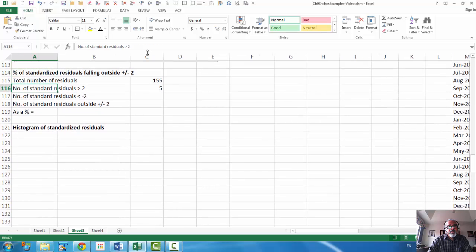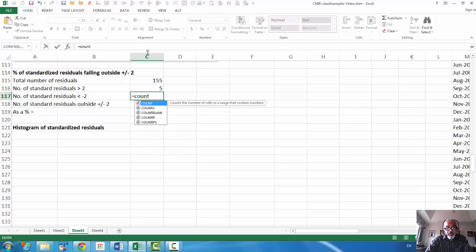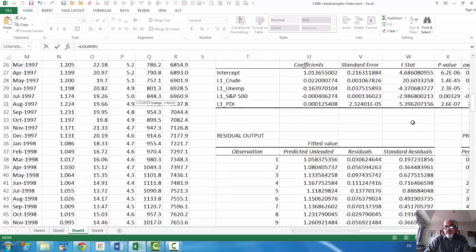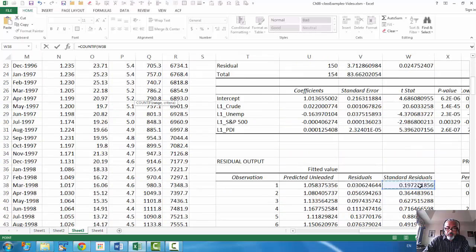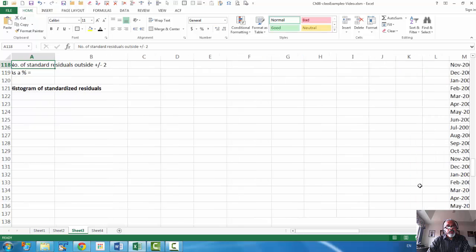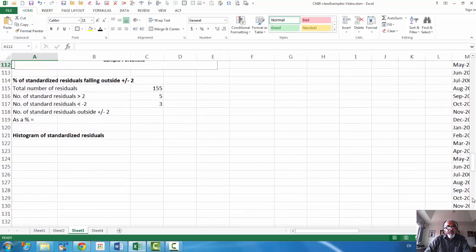Now do the same thing, but this time on the standardized residuals, comma, within quotation marks less than minus 2. So these are the number of residuals outside the plus or minus 2 limits.